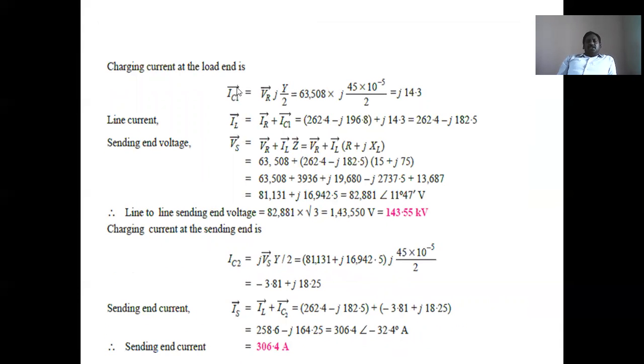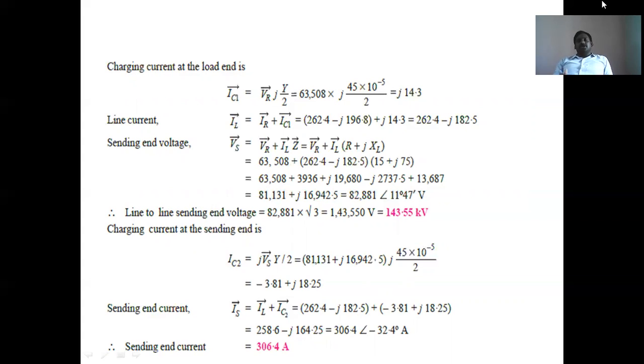So the charging current is, we have the formula VR into J pi by 2. Pi by 2 is nothing but 1 by 2 FC. The actual formula is XC, so XC by 2.